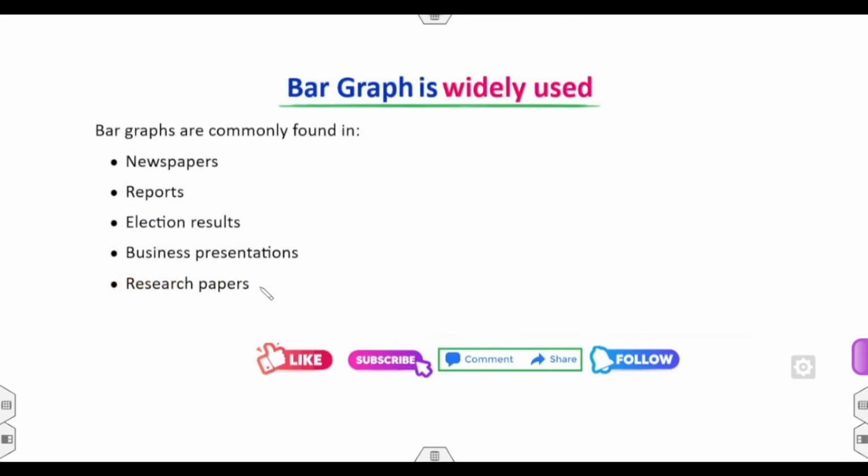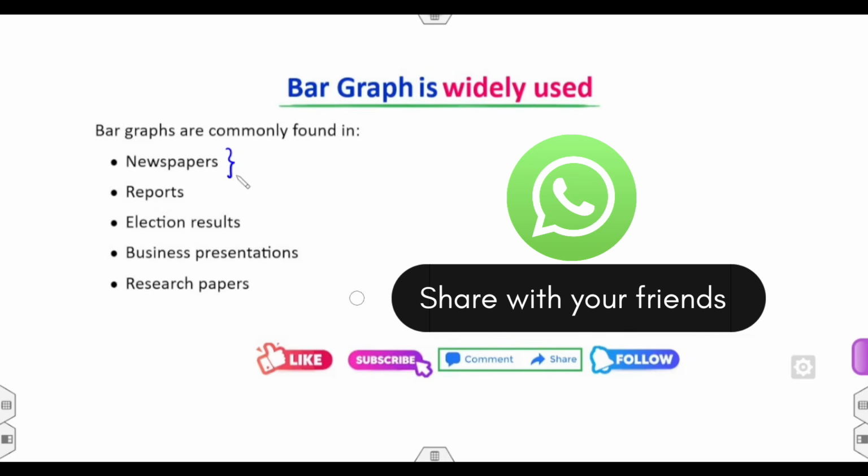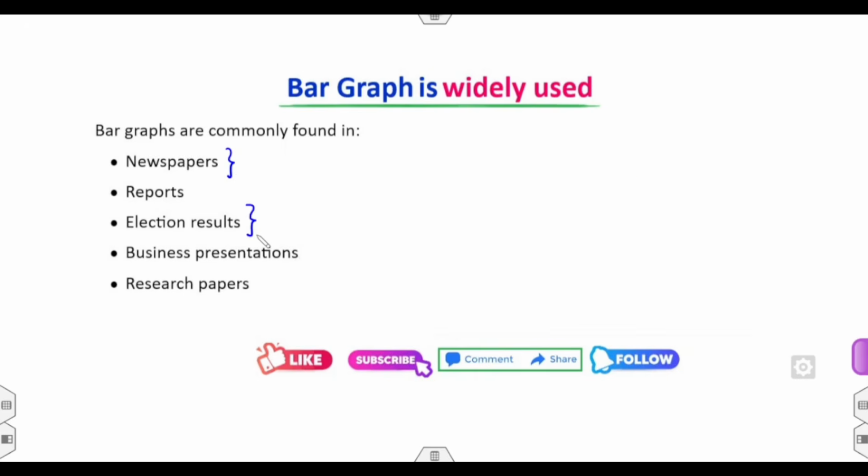The bar graph is popularly used in newspapers and in reports when you are presenting your master's or bachelor's degree. It is also important in election results when you are comparing one party with another. Business representations and research papers also widely use the bar graph.